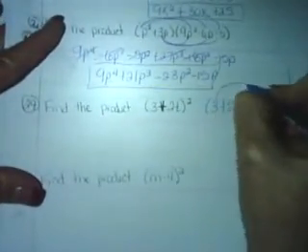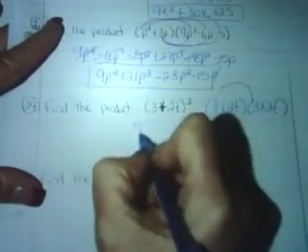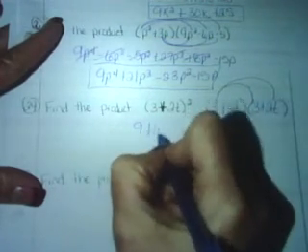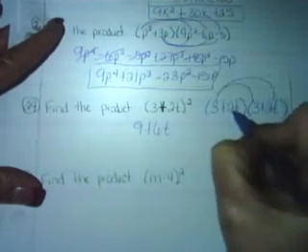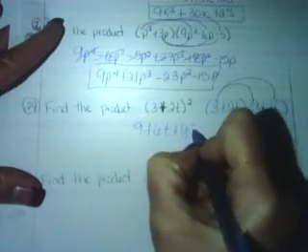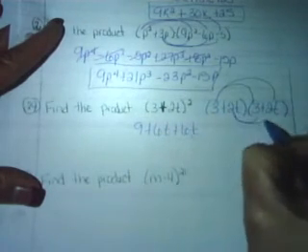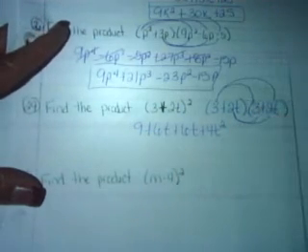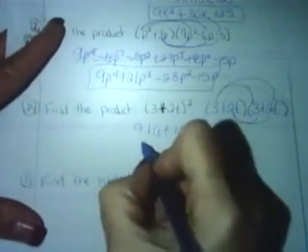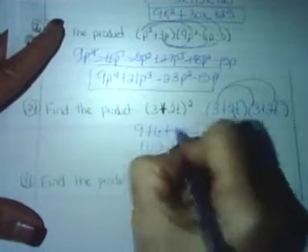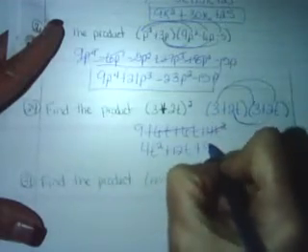So I'm going to have 3 times 3, which is 9. 3 times 2t, which gives me 6t. 2t times 3 gives me plus 6t. 2t times 2t gives me 4t squared. Combining like terms, I'm going to have 4t squared plus 12t plus 9.